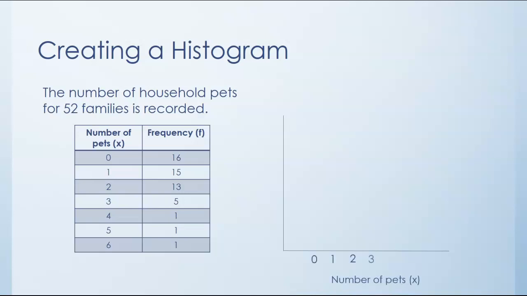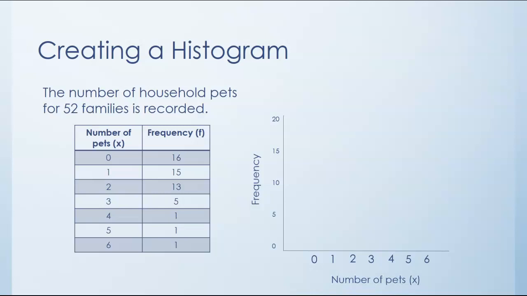So we've got our 0, 1, 2, 3, 4, 5, and 6. Along the y-axis, or the vertical axis, we are going to do our frequencies. In this case, I'm labeling the frequencies 0, 5, 10, 15, and 20 instead of labeling them 1, 2, 3, 4. It just makes it a little easier and a little prettier to look at.